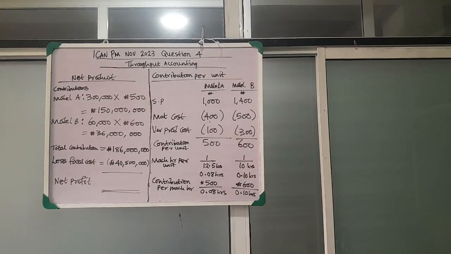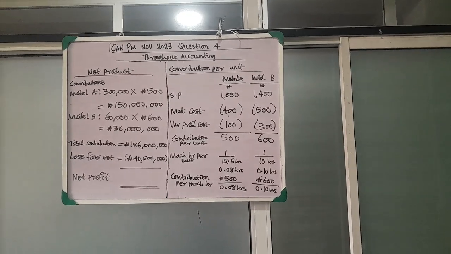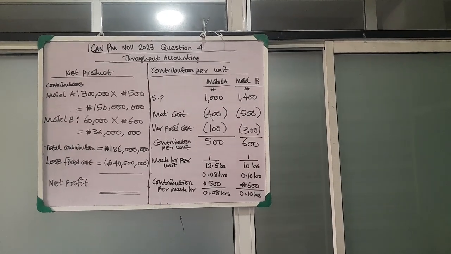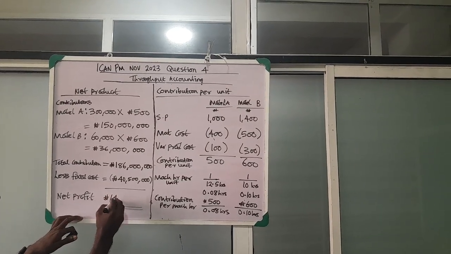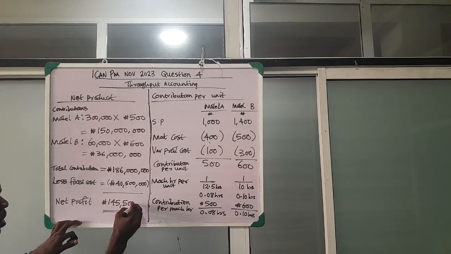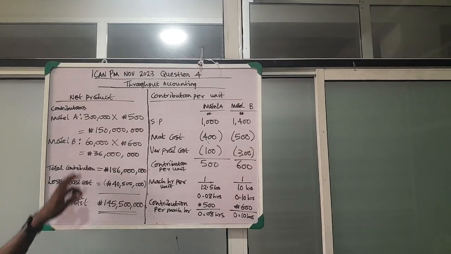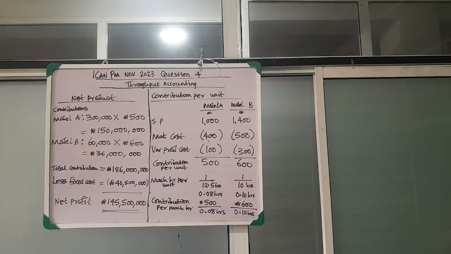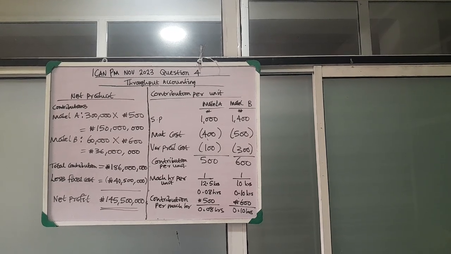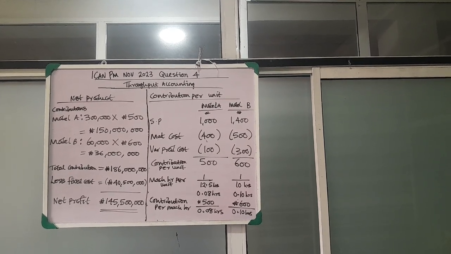So 186 million minus 40,500,000 will give us 145,500,000. That is the net profit using the marginal costing approach. So we have answered the A part of the question.